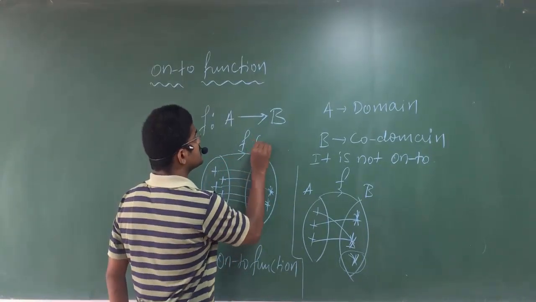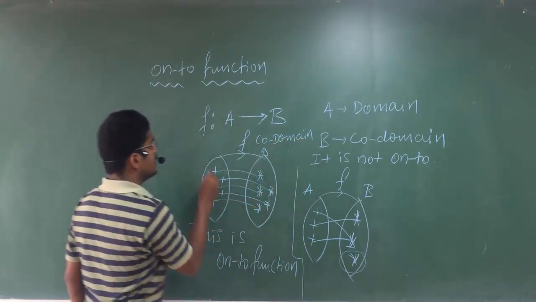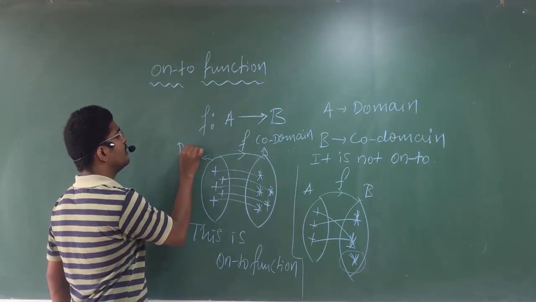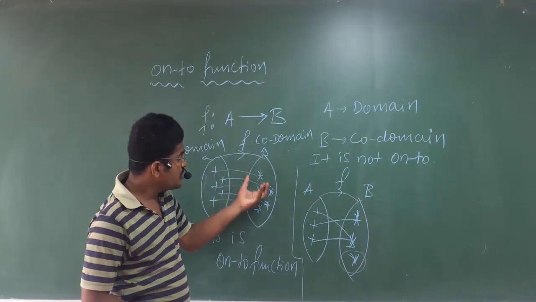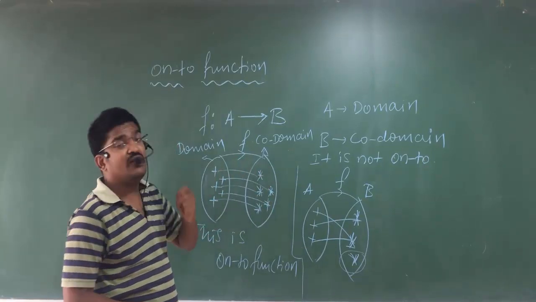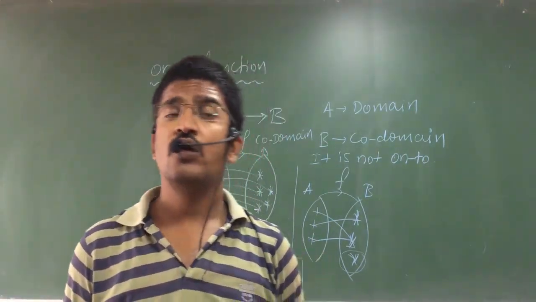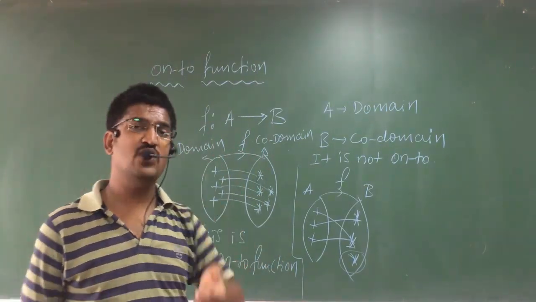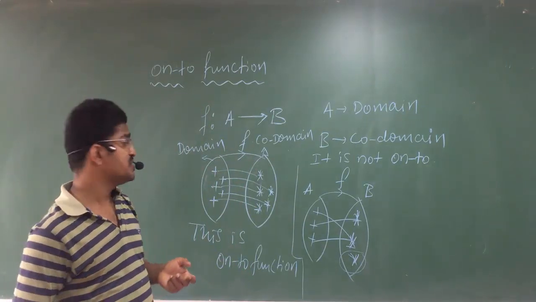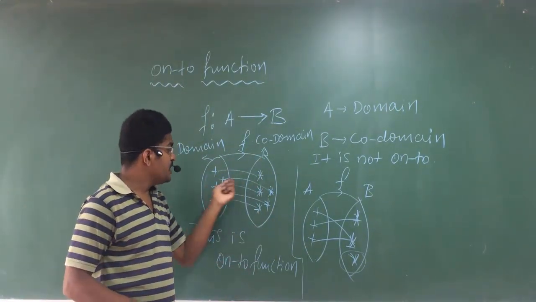See, this is the codomain and this is the domain. Clear? Now for every element of the codomain, if there is a pre-image, then we must say that it is onto. And while proving any function as onto, again you must be perfect with the definition that for every element in the codomain there is a pre-image.